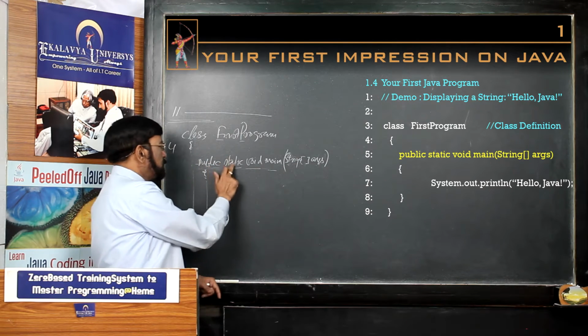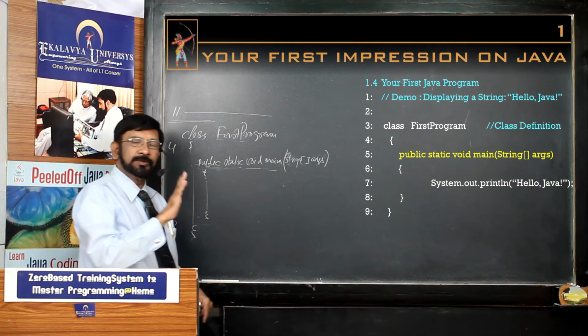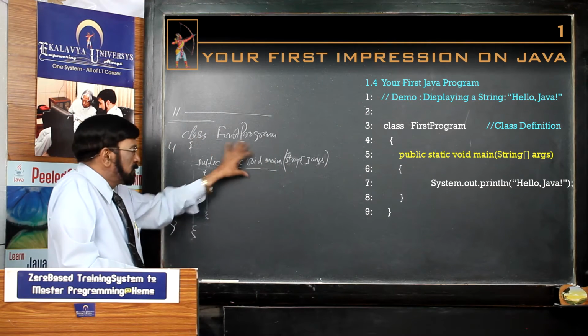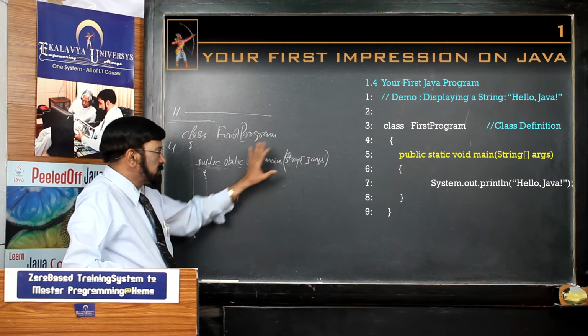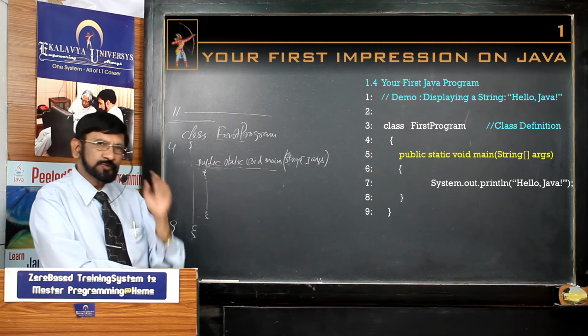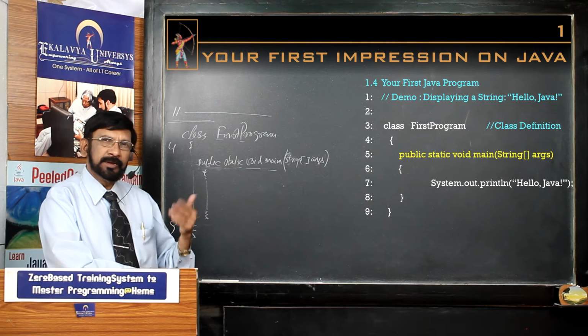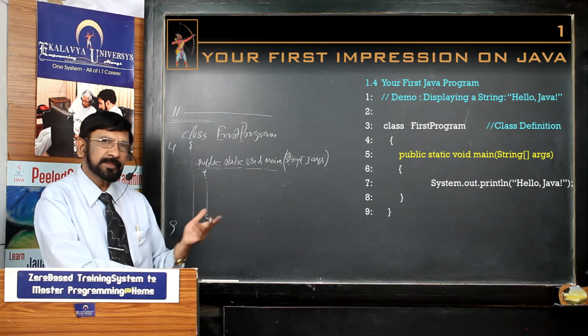Out of these five elements, you should not have any choice: whatever words are keywords must be used. As far as args is concerned, as it is user defined, if you want to change the name, you can change it. Anybody who wants to test your knowledge may test it.